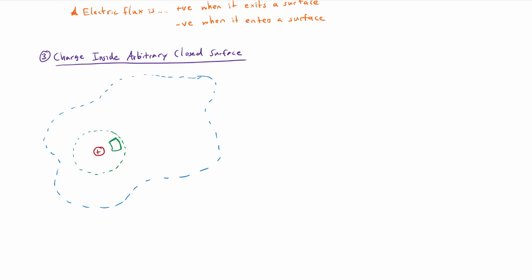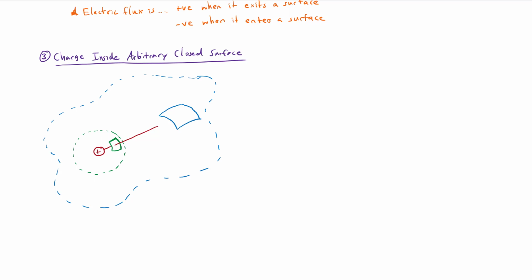That means I have to consider some arbitrary shape, like arbitrary dS that kind of looks like this. I'm just drawing this much bigger so that we have a good understanding of how we do these calculations.